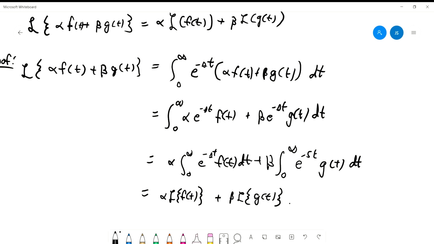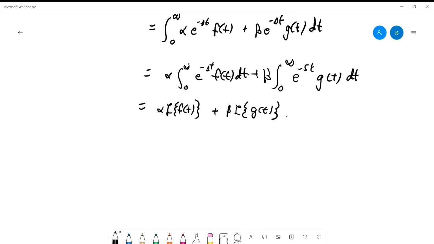Therefore, if we took some linear combination of the ones we've already found, we can just use linearity to solve it. For instance, how about the Laplace transform of, let's say, what are the ones we did? 1, plus 3 e to the minus 3t plus 2 sine of 2t.